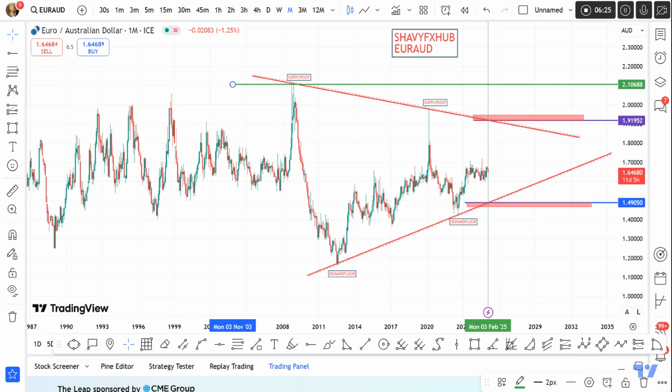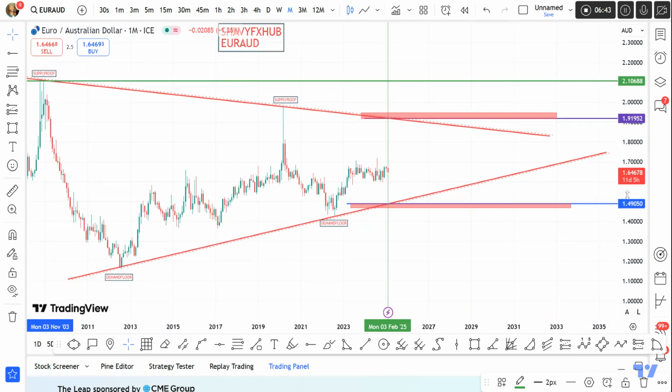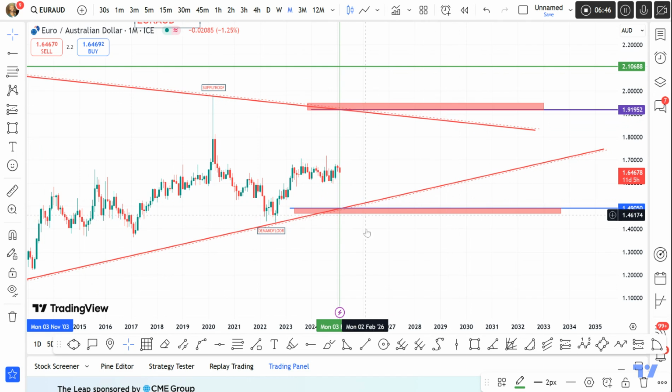For tomorrow, we have nothing all through the week. We don't have any serious news from ECB. So European Central Bank, I don't know what they're doing, but whatever they are doing, I can tell you, Euro AUD is heading for sale. It's heading for sale.